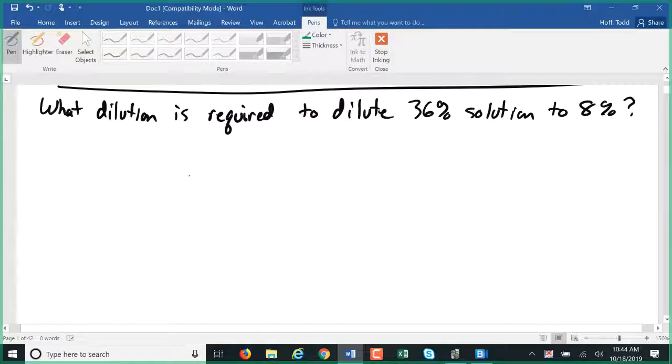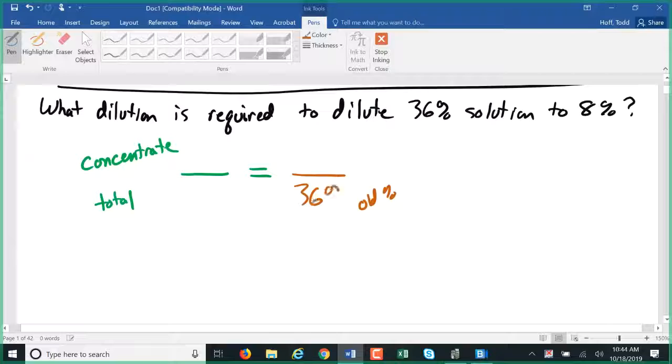To do this, remember the ratio of our dilution. Let's concentrate total is equal to old concentration, the old percent, which is the 36% on the bottom, over new concentration, the new percent, on top, the 8%.